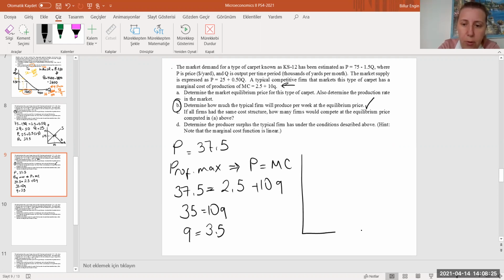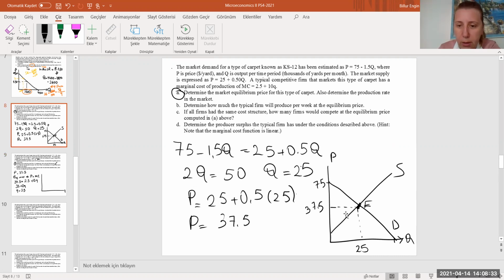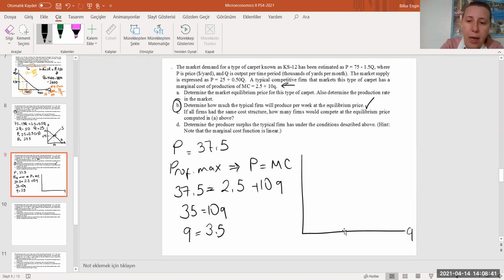Let's draw the situation for a typical firm. The equilibrium price was determined in the market by all of the suppliers and all of the demanders together, and it is 37.5, and the typical firm has to accept that price. So price is a given factor for the firm, 37.5; that is price, marginal revenue, average revenue, and demand faced by the firm.